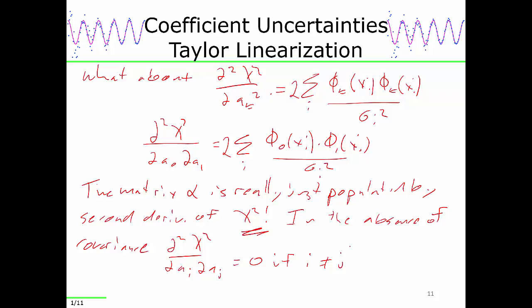And so we have only diagonal terms. Does that make sense?